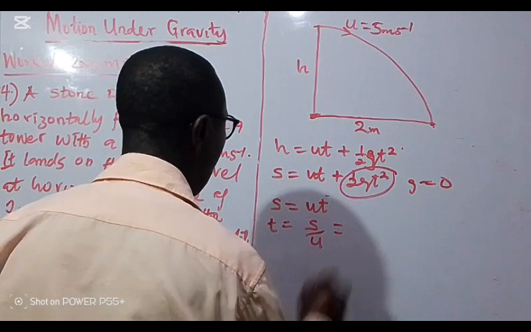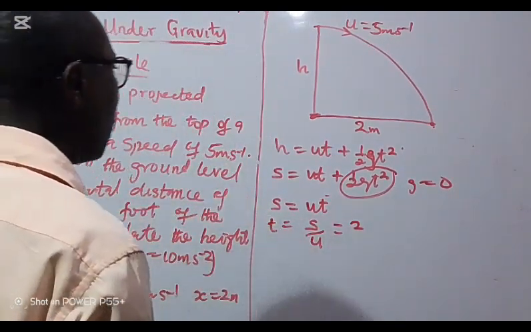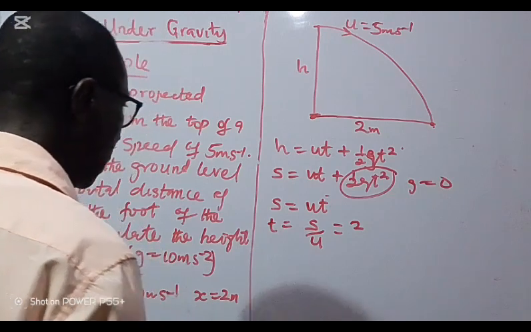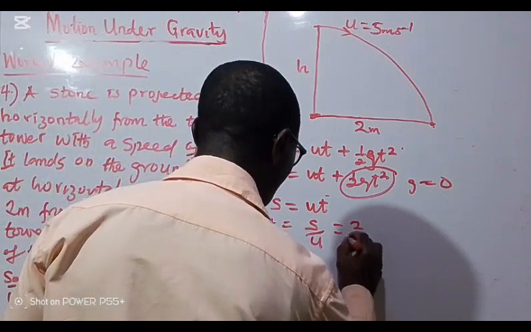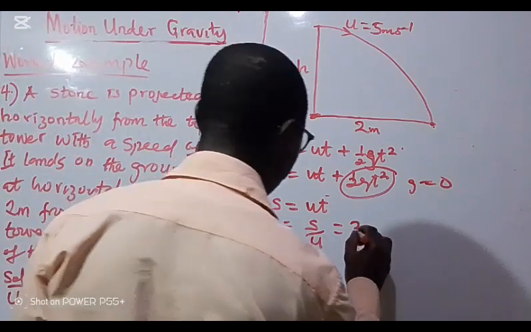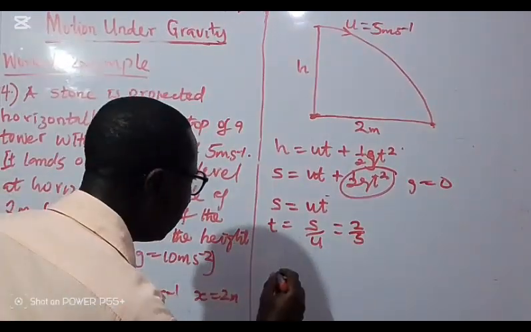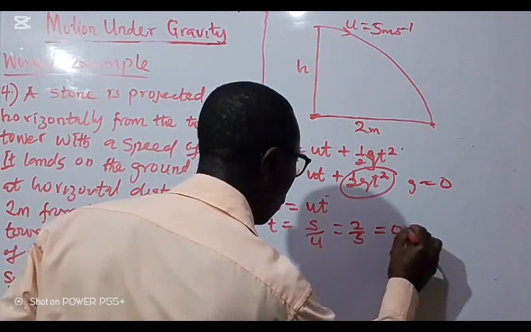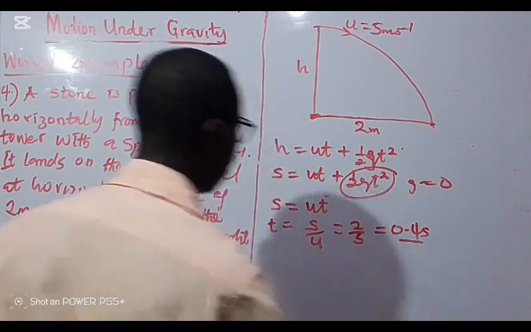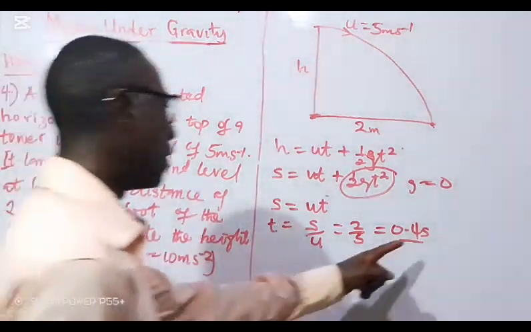And what is our s? 2. What is our u? That will be 5. Now, this one will give us 0.4 seconds. Once we know that our t is 0.4 seconds.